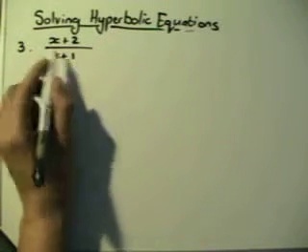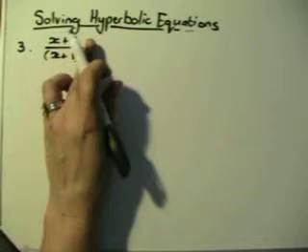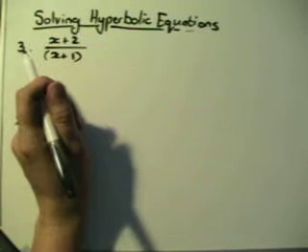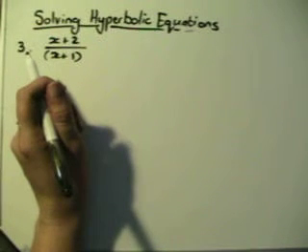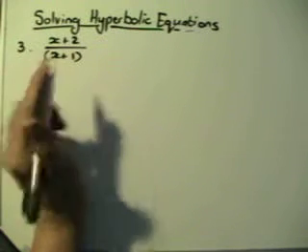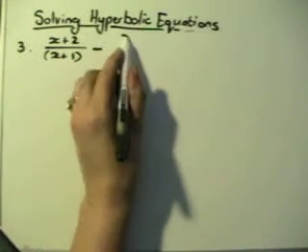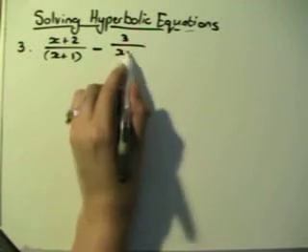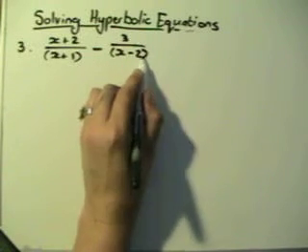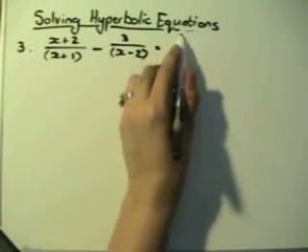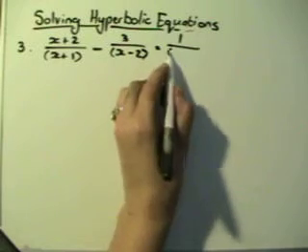I have x plus 1, oh no, this one also has 2 numerators. x plus 1, 3 over x minus 2 is equal to 1 over x plus 1.